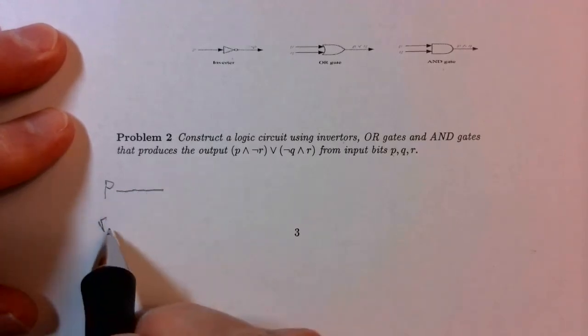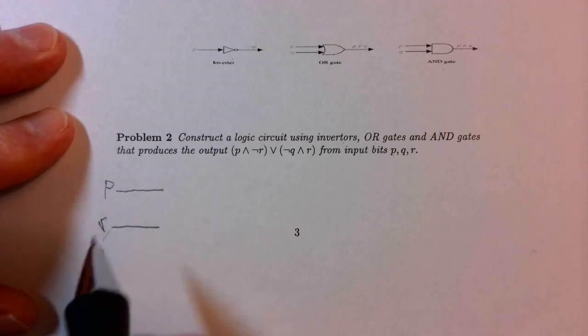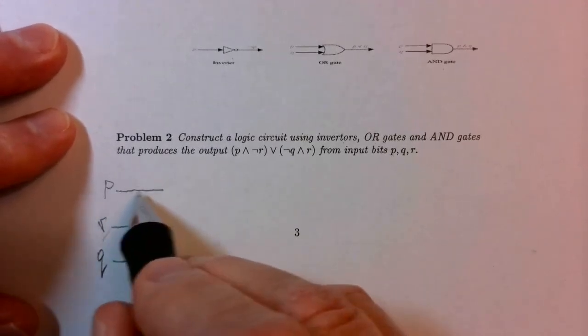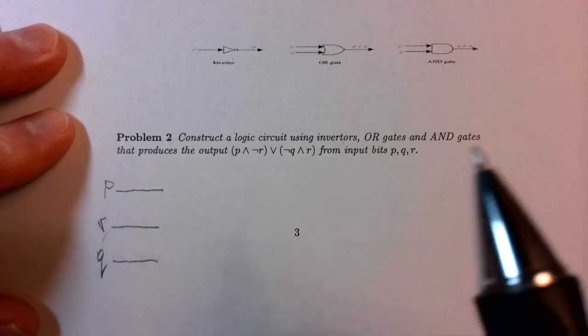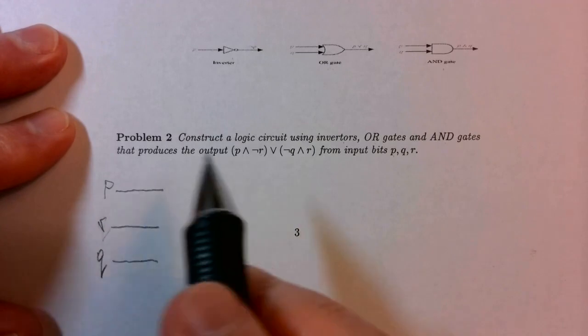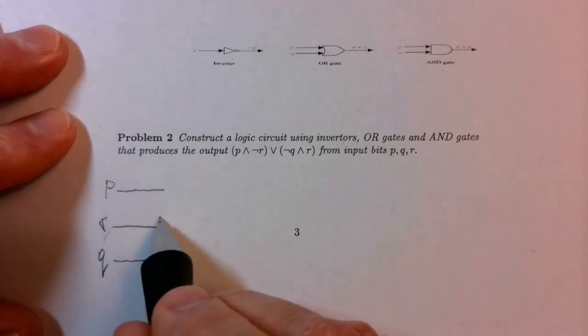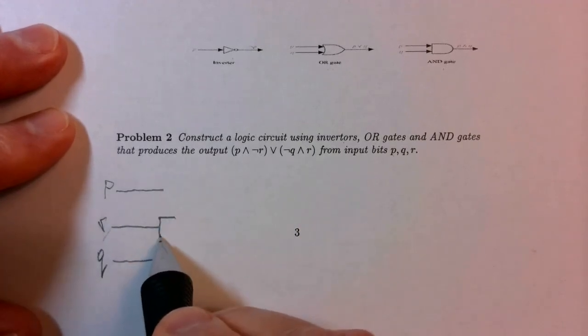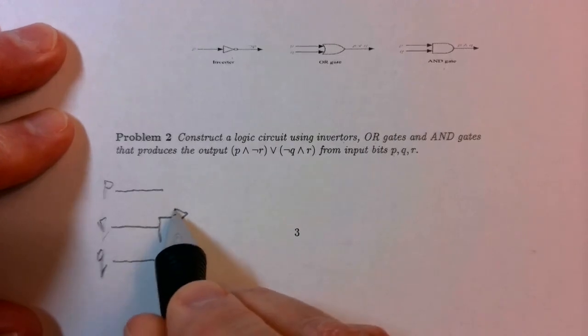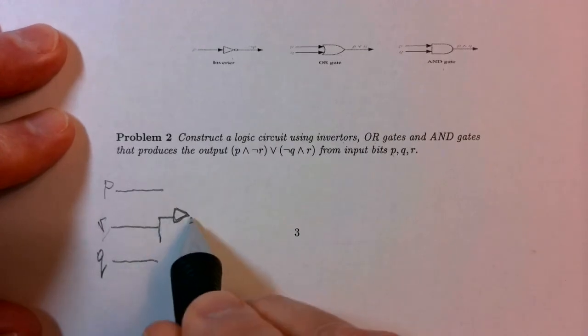They start traveling on these wires. Then here we need not R. So I'll draw an inverter.